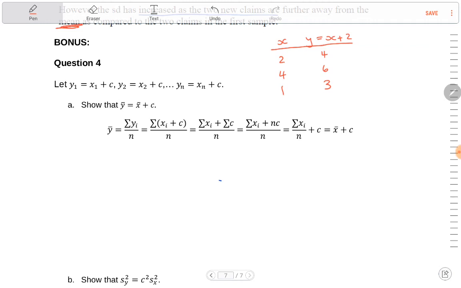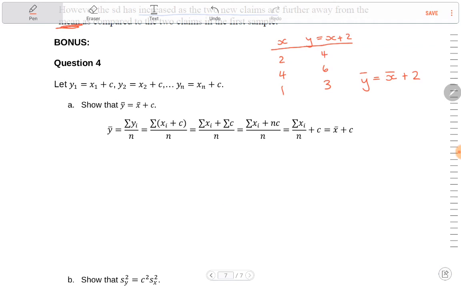You need to show that y bar is the same as x bar plus 2 in my example. So if you shift all your data by a little bit, even your mean is going to shift by the same distance.